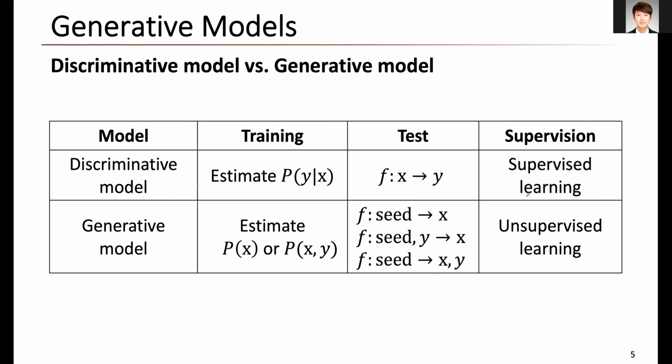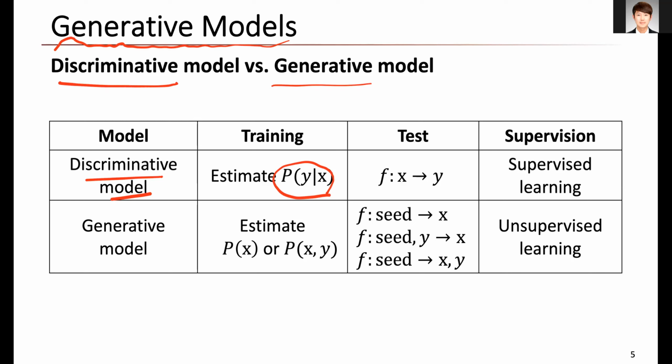Okay. So to understand generative models, we have to discuss what a discriminative model is and what a generative model is. So formally, a discriminative model is to estimate P(Y|X), the probability of Y given X. In this case, X is input and Y is output.